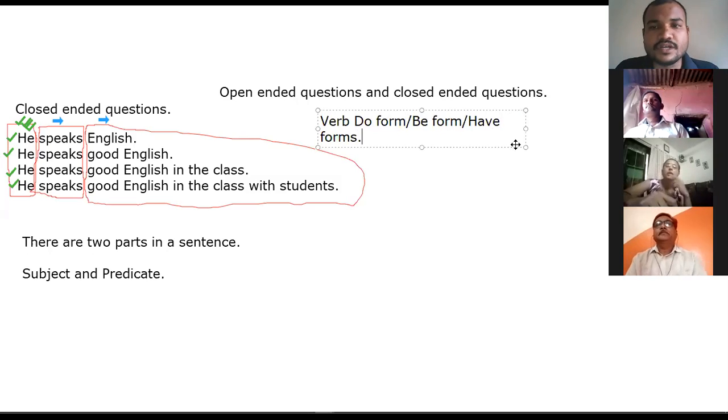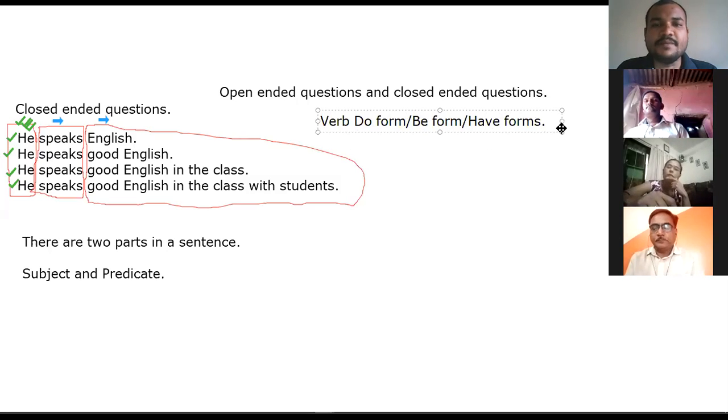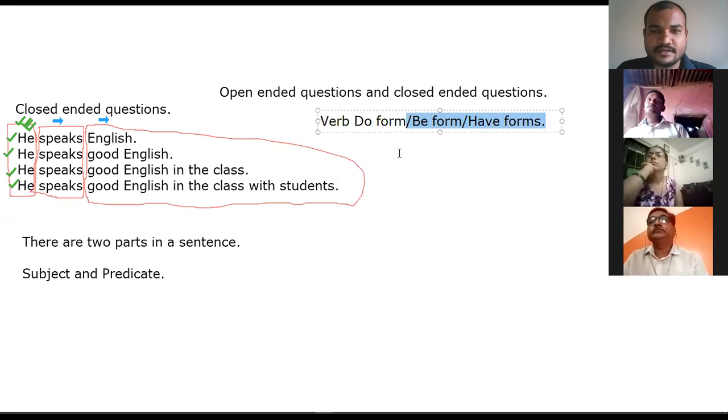Most preferably do forms will always be there in the verb. Verb means verb plus do. Don't get confused. Just forget about the rest of these things. Mostly, if you are talking about a verb, it means verb plus do.